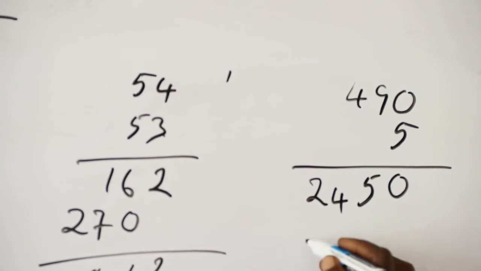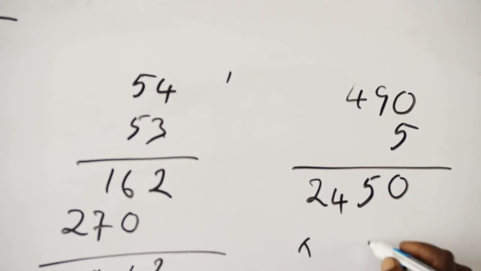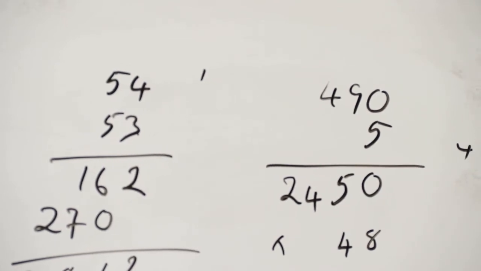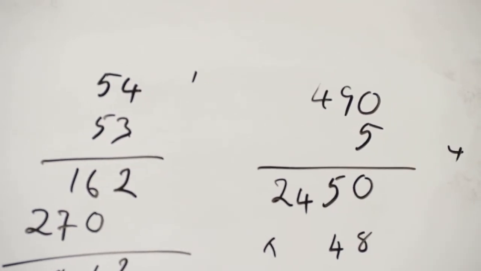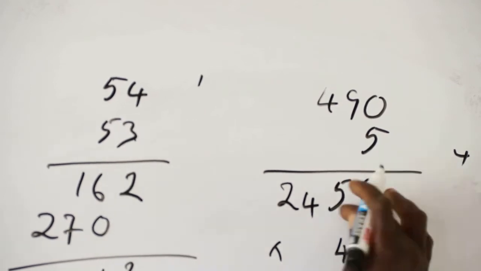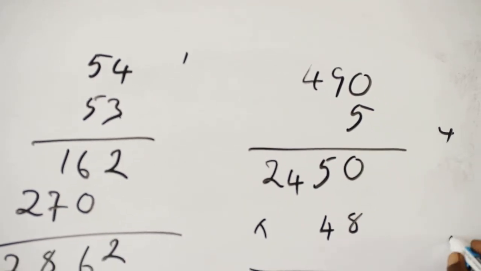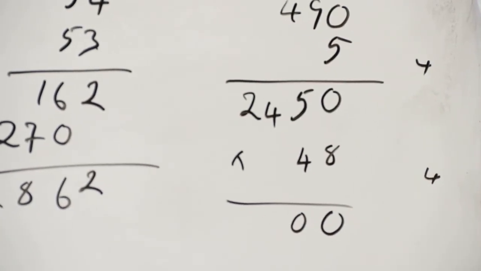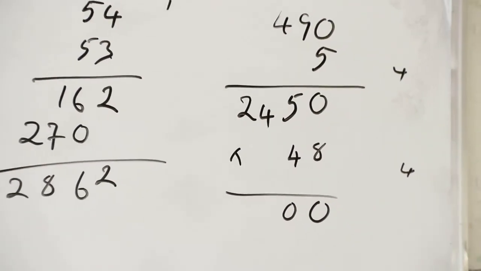Then you multiply it again by 48. This one there is no 0 at the end, so you have to put the 0. So we have 8 times 0, we have 0. 8 times 5, we have 40, we have 0, carry 4. 8 times 4, we have 32 plus 4, we have 36.